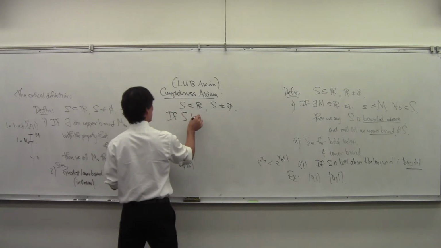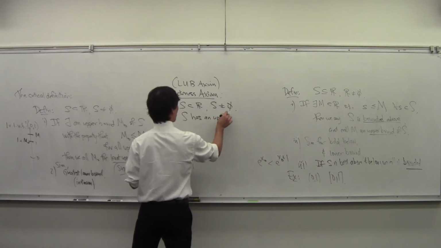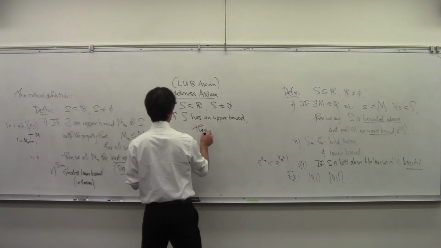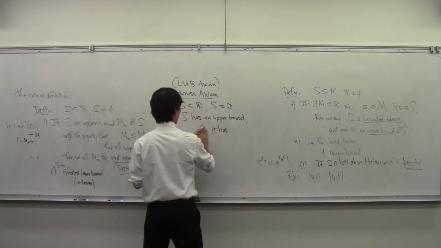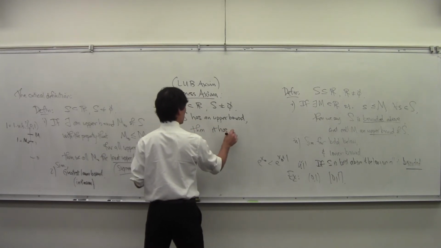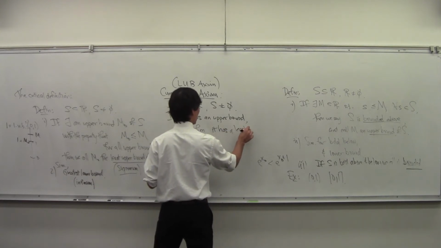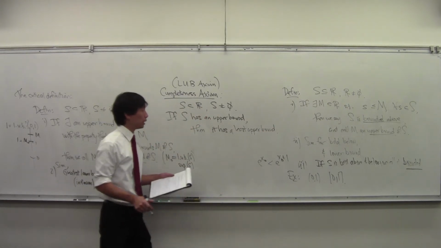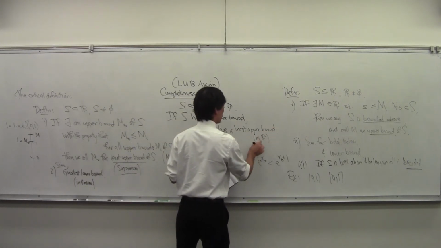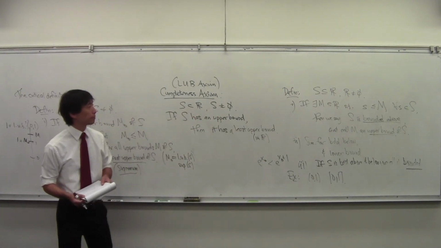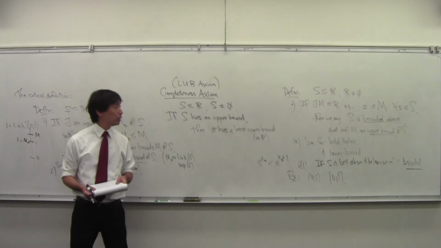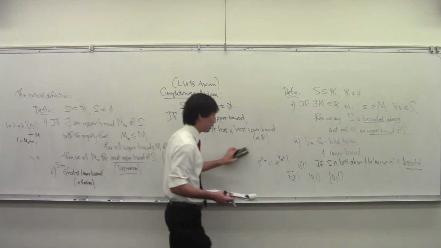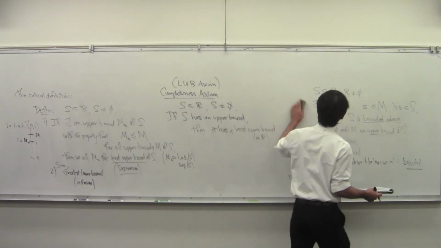If S has an upper bound, then it has a least upper bound in R. So any non-empty set with an upper bound has a least upper bound.